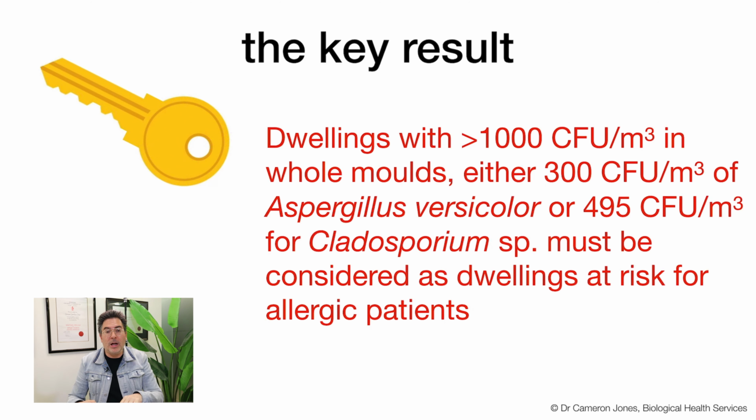I'll just let you reread that, because this is really, really, really important information, and it defines two types of fungi and either a total colony forming unit count or drilling into the amount or levels of indoor mold of these two fungi can be used to classify an indoor building or living environment or workplace environment, making it at risk for allergic patients.